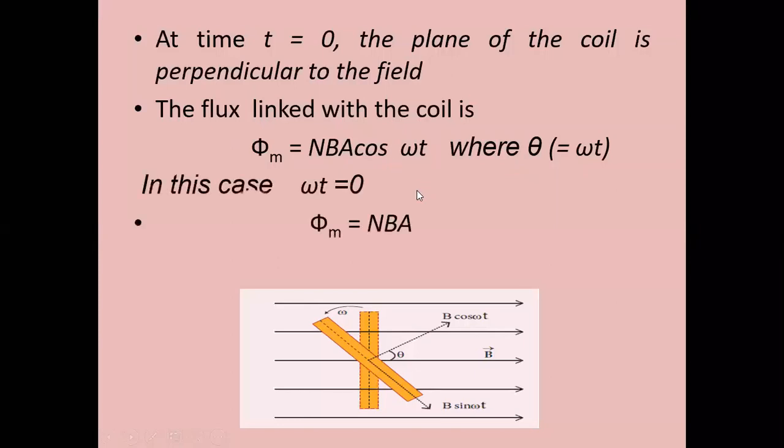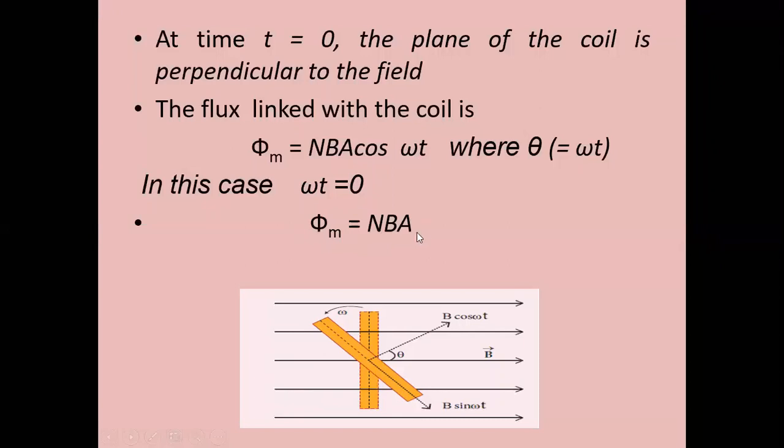Now here, no rotation, so omega t is equal to 0. Substituting omega t equal to 0, that is cos 0. Cos 0 is 1. So the flux is phi m equal to NBA.